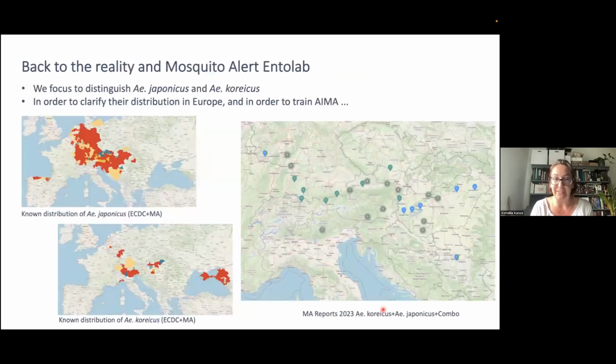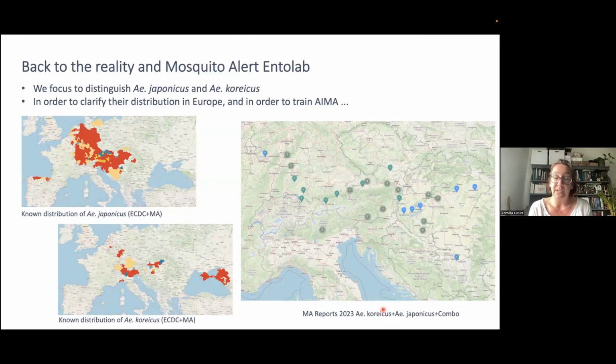So it's really tricky. And as Roger already mentioned, in the Entolab it's very important to distinguish these species somehow, because we see that Japonicus is more widespread in Europe compared to Koreicus, but Koreicus is also spreading, maybe because we focus more on that species as well.